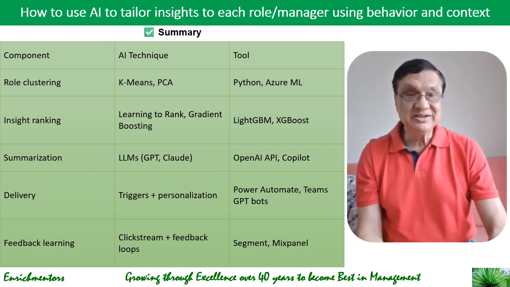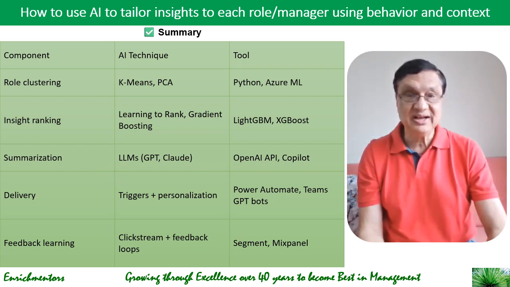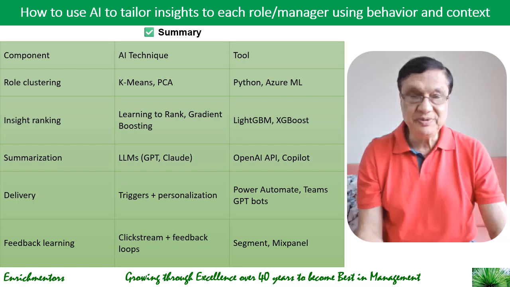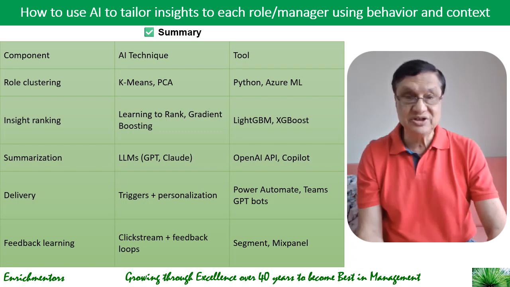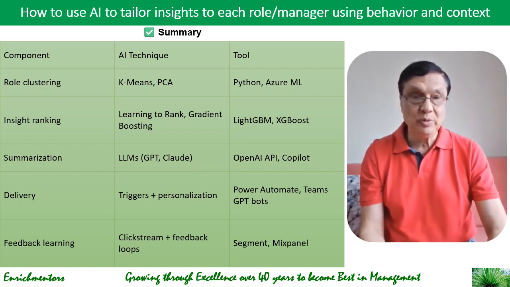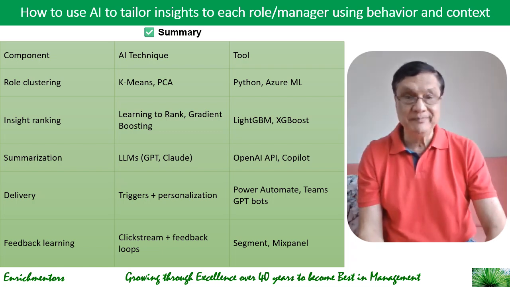Then you need to rank insights for each role, where you can use techniques like learning to rank and gradient boosting, using tools like LightGBM and XGBoost. Then you need summarization of the report using LLMs like GPT and Claude, and then you could use the OpenAI API and Copilot. Once you have the insights summarized, then you need to deliver them.